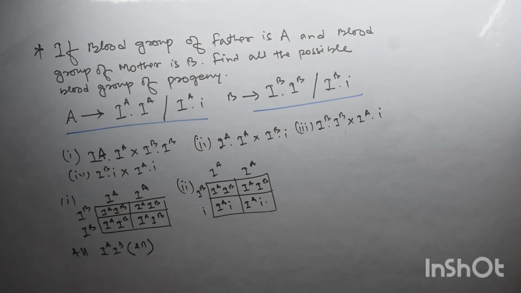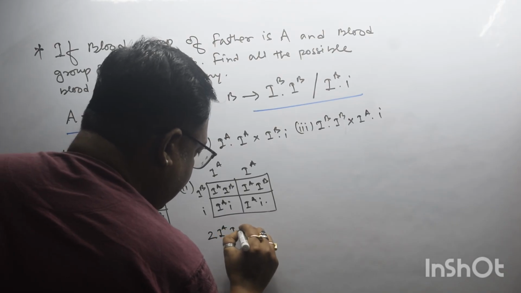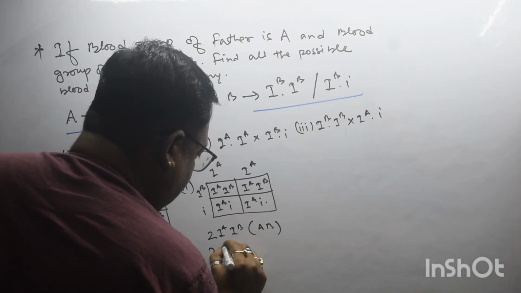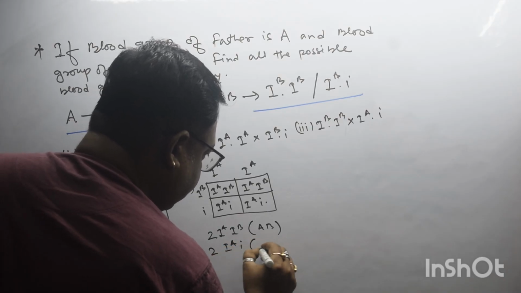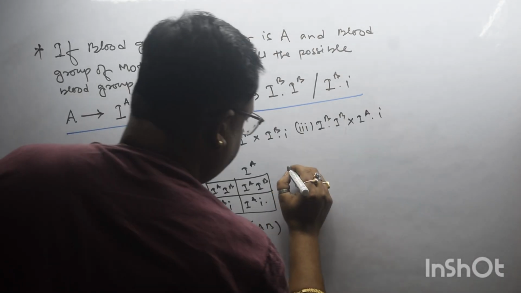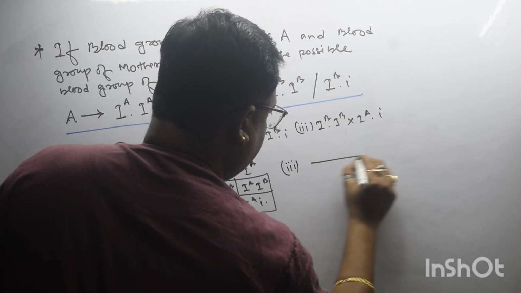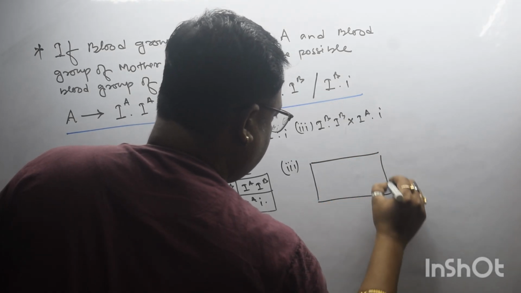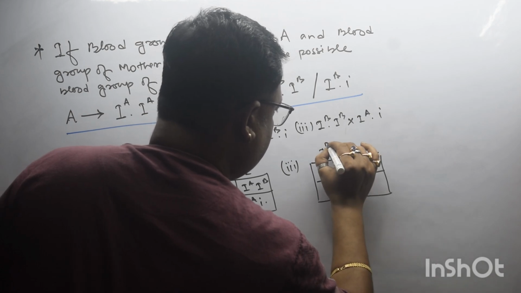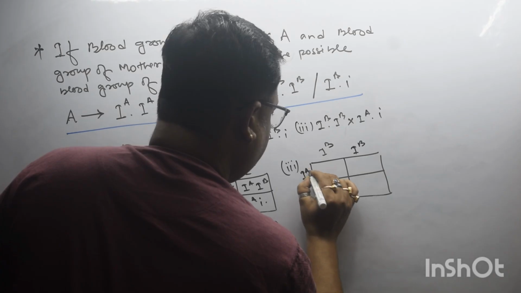So blood group will be 2 IA IB, that is AB, and 2 IA small i, that is blood group A. In case of third example, it will be IB IB with IA small i.